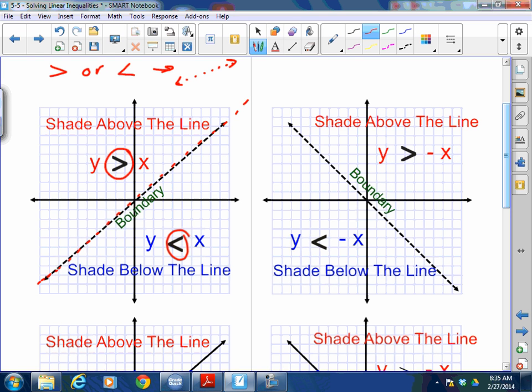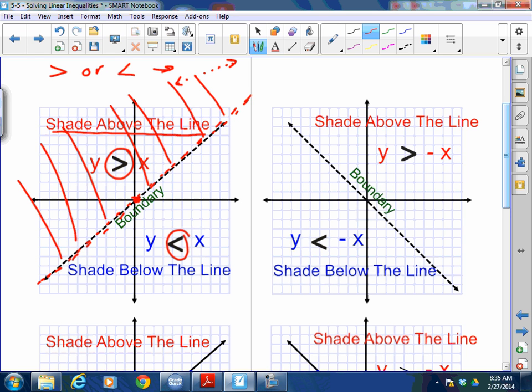If this is my line, and it's a y is greater than x, greater than, you're going to shade above the line. Always find the y-intercept. The y-intercept is right here in this case. If it's greater than, you're going to shade above. So you're going to literally shade above the line.